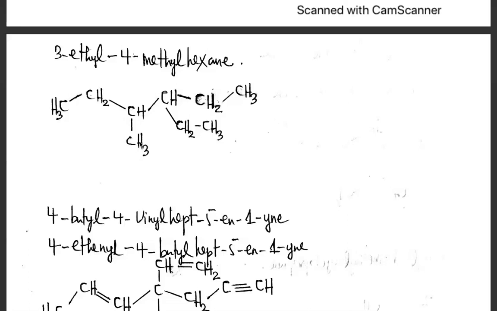Then we have another one that is bonded to the methyl at position number 4. We have methyl, with 3 adjacent hydrogens. And therefore, the nomenclature becomes 3-ethyl because the ethyl is at position number 3 and methyl is at position number 4, hexane. And hexane is our principal chain. It has 6 carbon atoms.